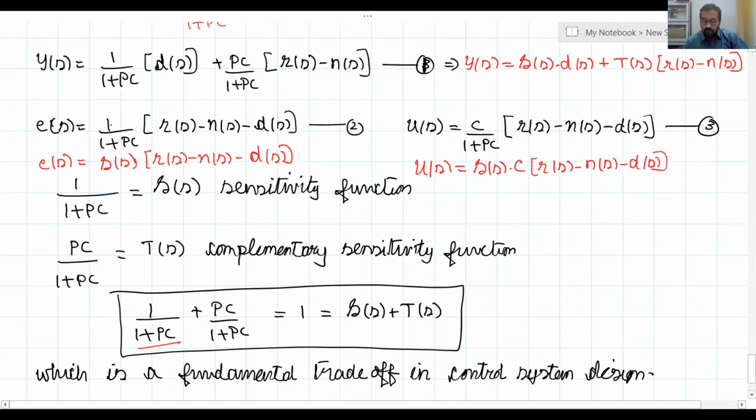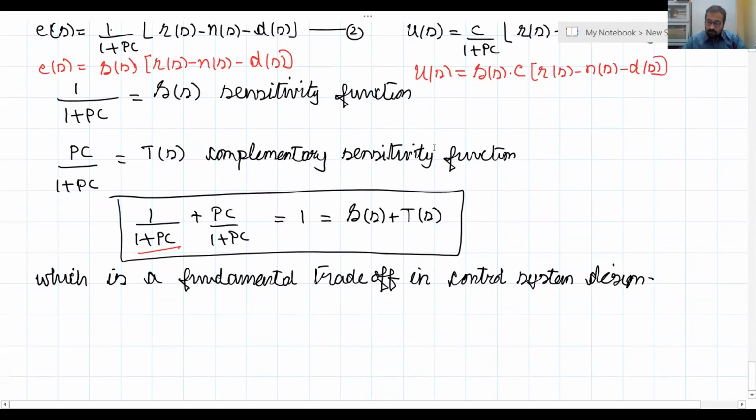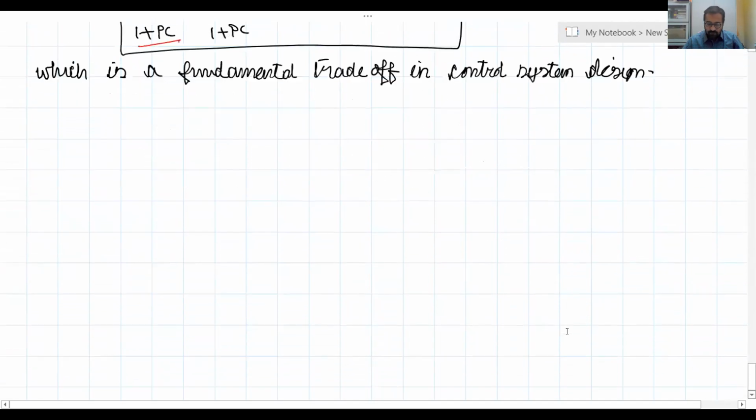Is that clear? Again, let me write these equations here separately, for the purpose of convenience.